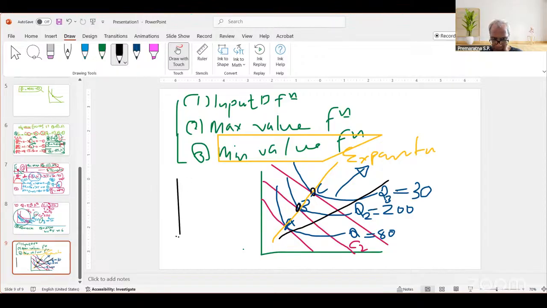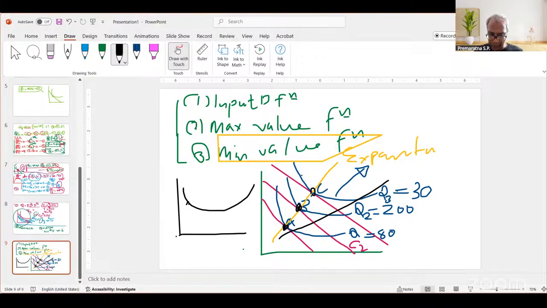If you know a little bit about the cost curve, let's say the marginal cost curve, it decides the minimum or the expansion path.